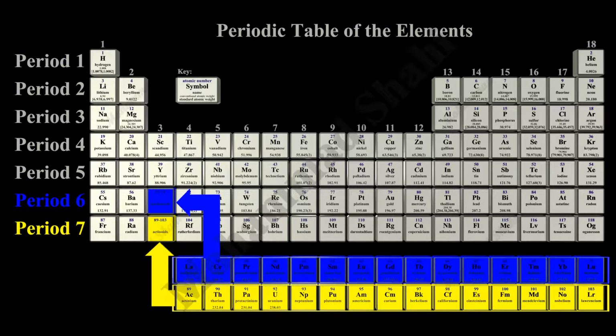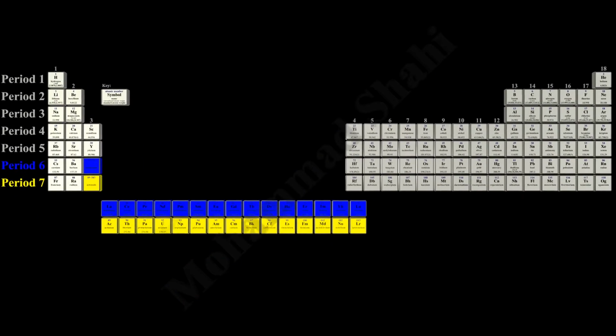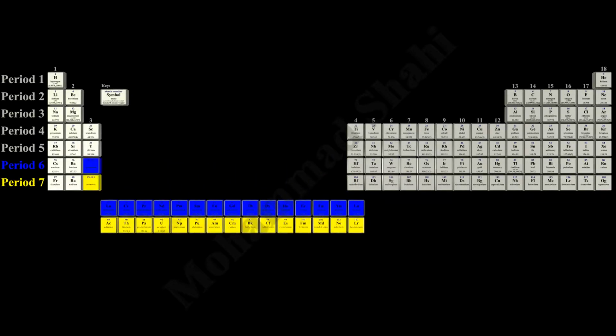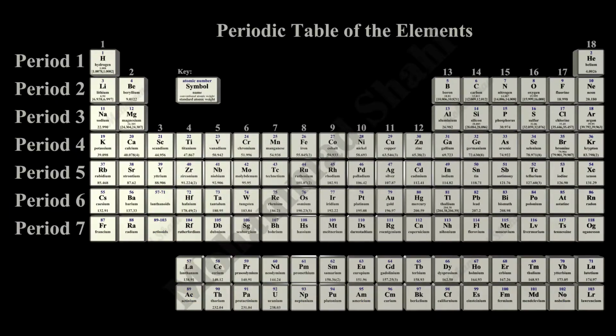However, since their inclusion in 6th and 7th periods will give us the 32-column format of the periodic table, which is very long and hard to represent, it is preferred that these two rows, commonly known as lanthanoids and actinoids, are represented separately at the bottom, with consideration that they are parts of periods 6 and 7 and not different periods in their own.